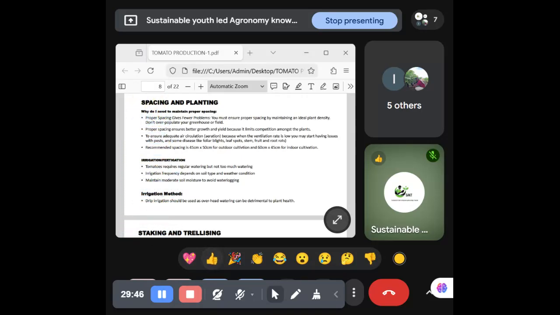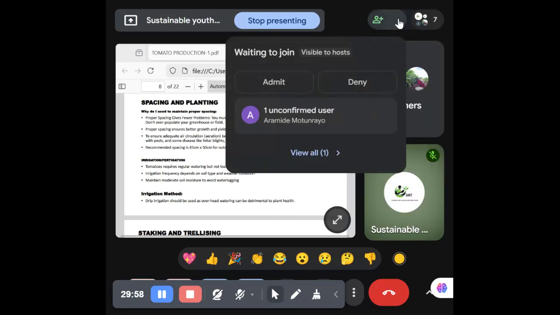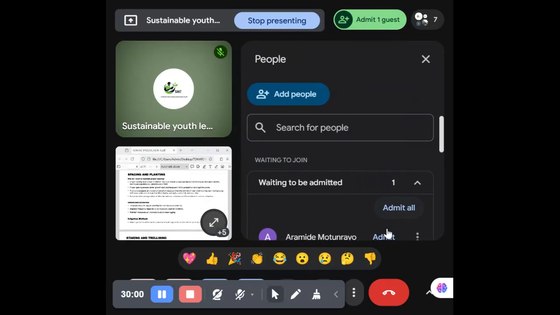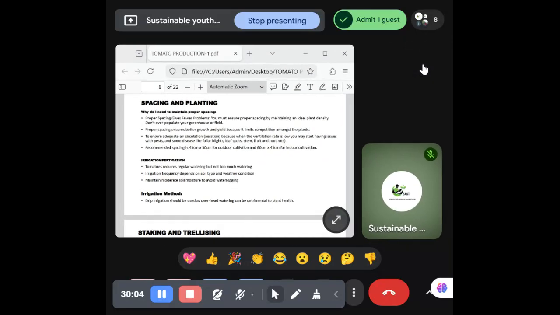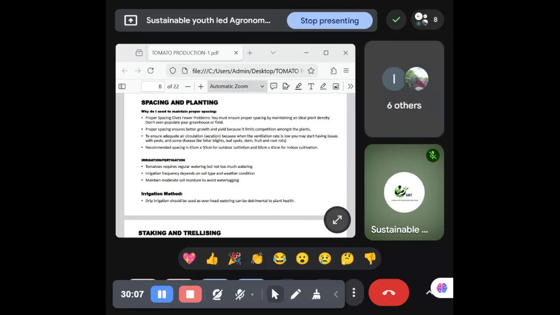So after you have done the whole transplanting and everything, after you ensure you have transplanted and done everything well, then we now come to irrigation slash fertigation. So here I said tomato requires regular watering but not too much watering. Tomato doesn't tolerate too much watering.